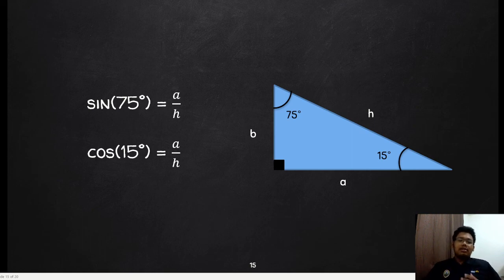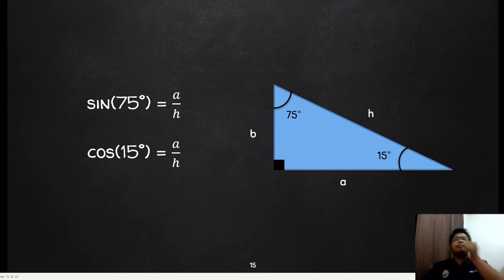So cos 75 degrees is similar to sine 15 degrees, right? If I say cos 60 degrees, it's similar to sine 30 degrees. Cos 60 is equal to sine 30 degrees, right? If it's cos 45 degrees, it is the same as sine 45 degrees, something like that.